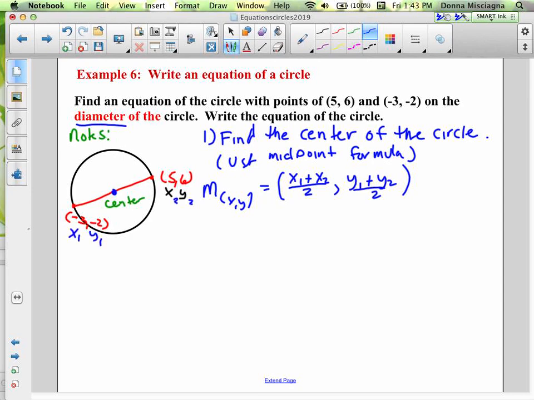All right, so to find the midpoint, which is the center of our circle, it's super easy, -3 plus 5 divided by 2, and -2 plus 6 divided by 2.